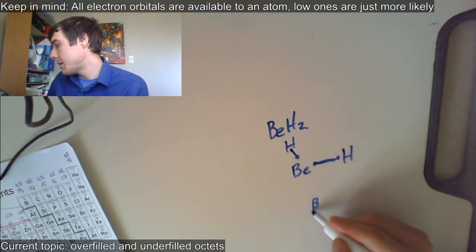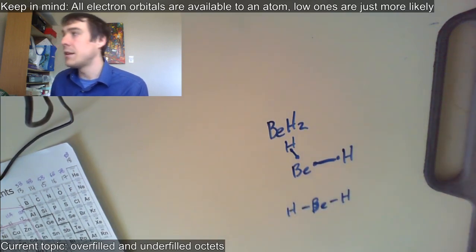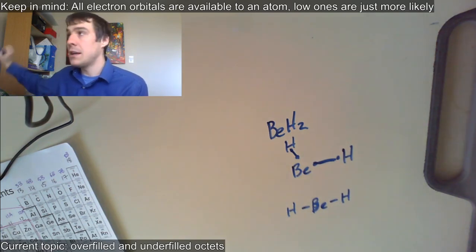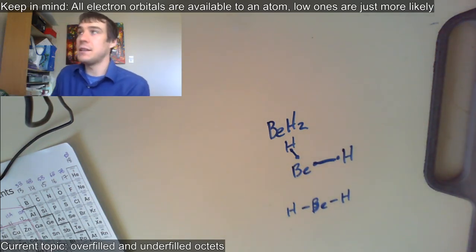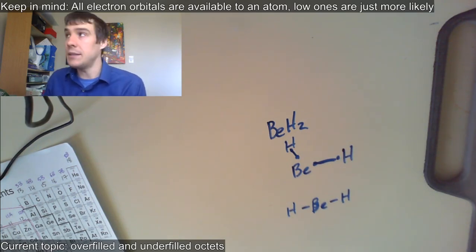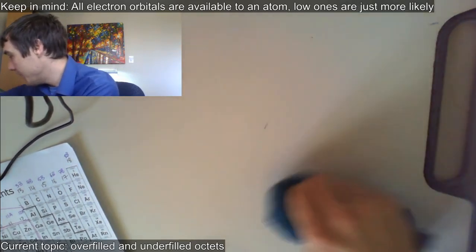So you end up with a similar issue where the beryllium dihydride has only 4 electrons and not a stable octet. So that's a perfectly acceptable structure, even though it seems to violate the octet rule. The octet rule is predictive for a lot of common elements, but it's not necessarily predictive for others.